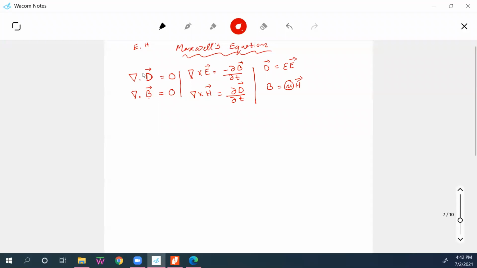Psi is the permittivity, and mu is the permeability of the magnetic field. So D is nothing but E with a constant, and B is nothing but H with a constant. That's why we can say that the divergence of the electrical field is 0 and the divergence of the magnetic field is 0, but there is a condition.